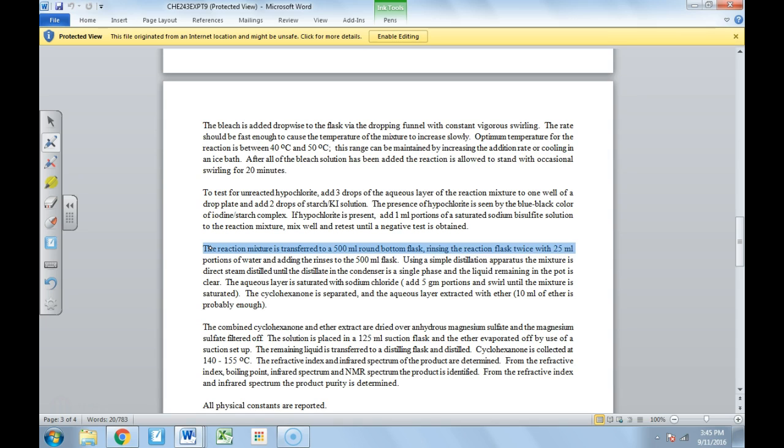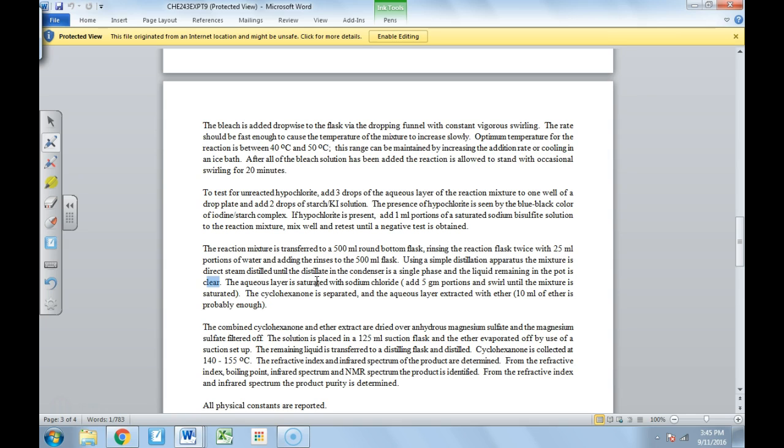Okay, so the hope is that at this point you can take this and then you can get to this point right here on the first night. Now, if you only get to this point where you just have the aqueous layer in the receiver, and then you're done, that's fine.